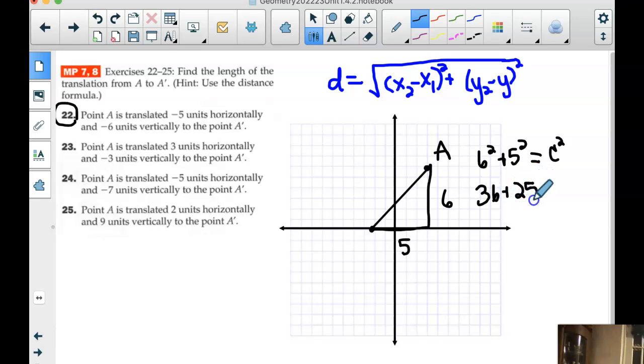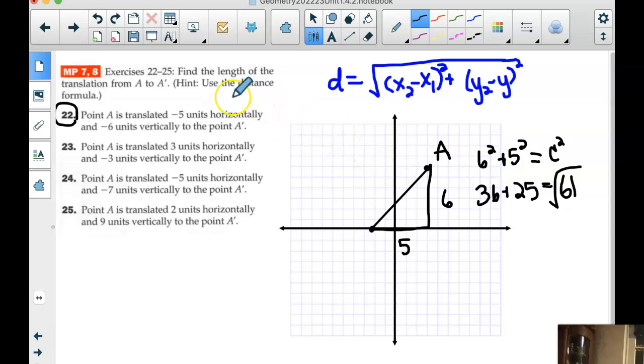And we're going to leave this in radical form because it's going to be a nasty one. 36 plus 25. 25 plus 30 is 55. 55 plus 6 is 61. So the length of this segment right here is the square root of 61, which we would have found in the distance formula as well. And we're leaving it like that.